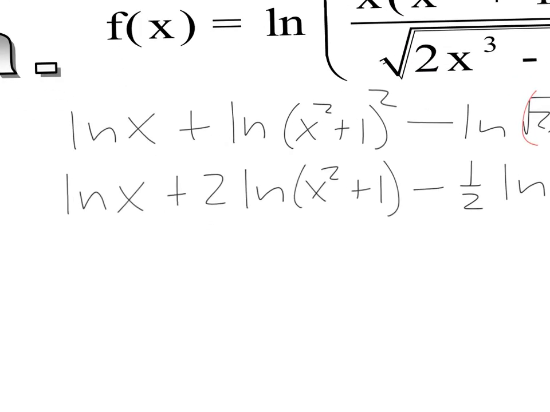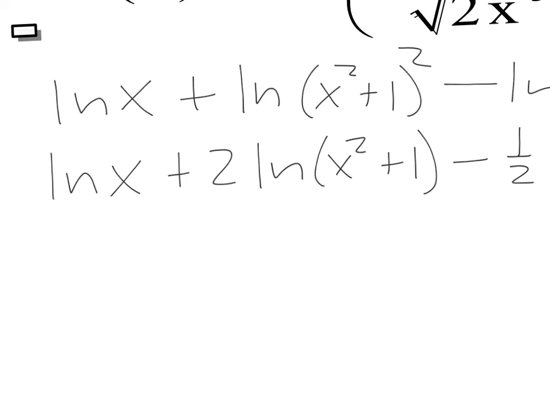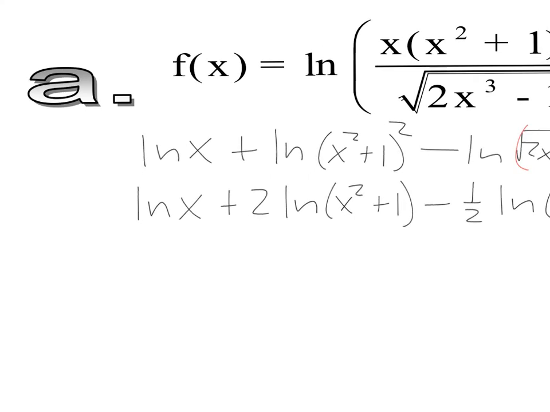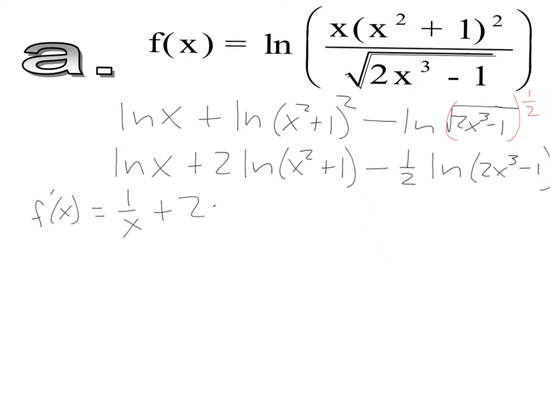Let's go for it. The natural log of x, well, let's first go ahead now here and just say that if this was f of x, then the derivative would be f prime of x. The first thing is just going to be 1 over x plus, I'm just going to put a 2 there, times. Now we can think of this as u substitution, or we can maybe just remember to do the chain rule. It's up to you how you want to do it.